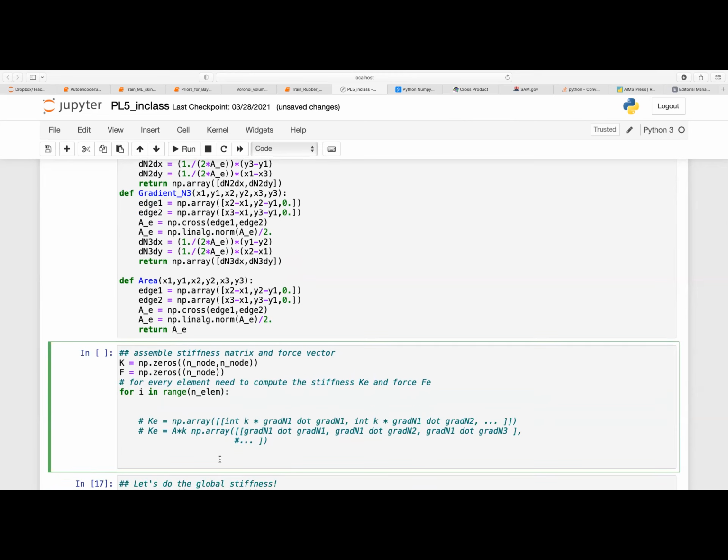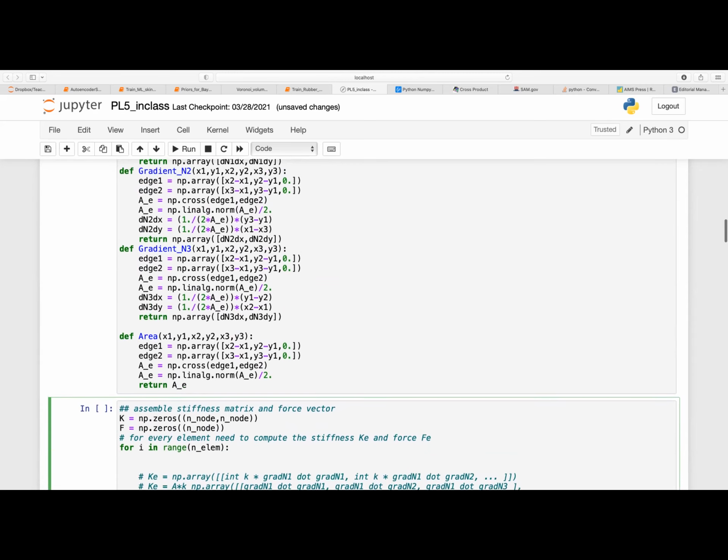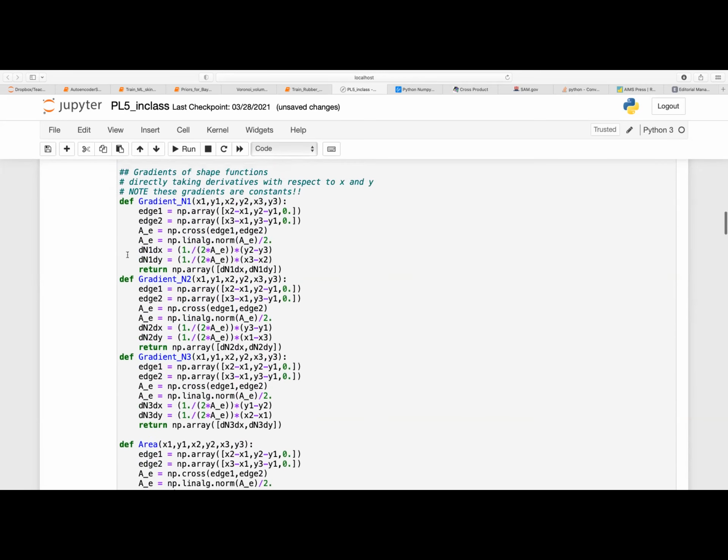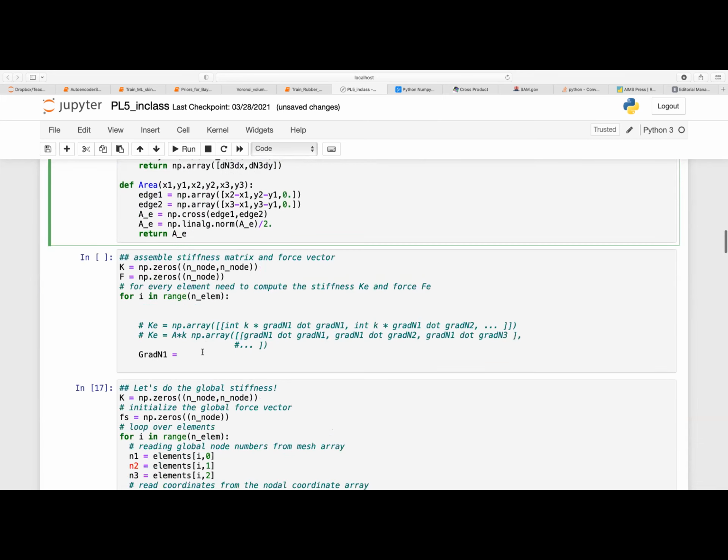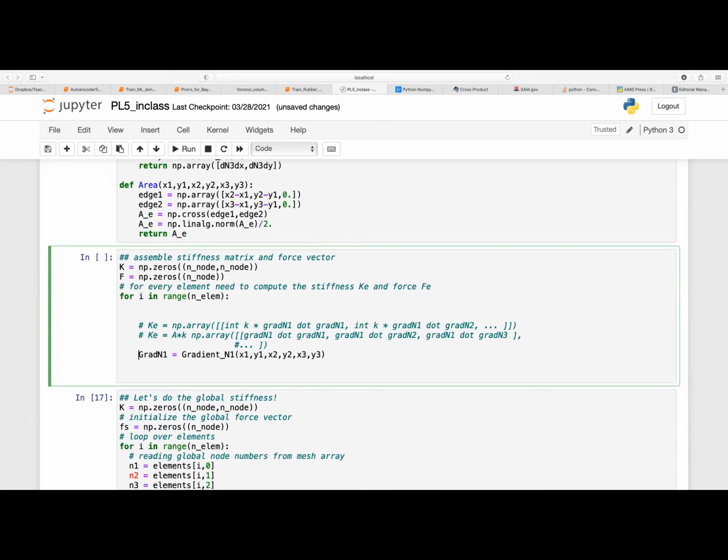So that's what we need to do. So we need to compute the gradients. For that, we have to just call our function. I'm gonna work backwards. But basically, we need to compute these different gradients, right?